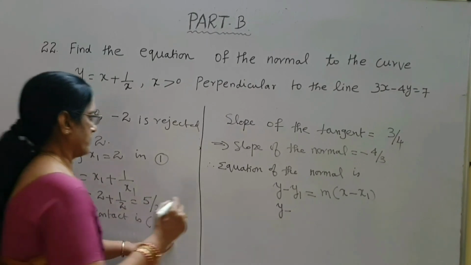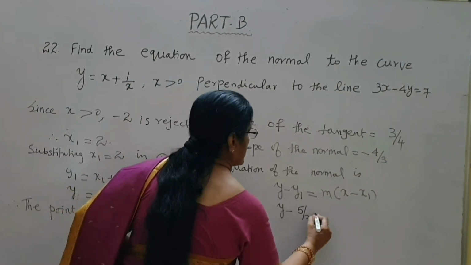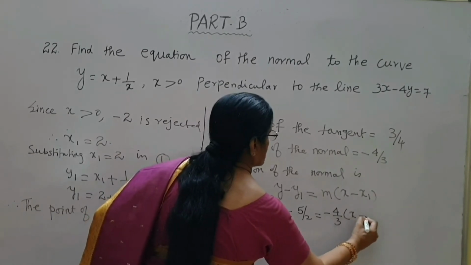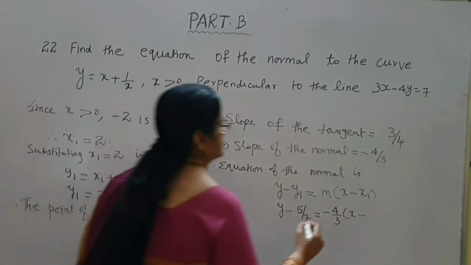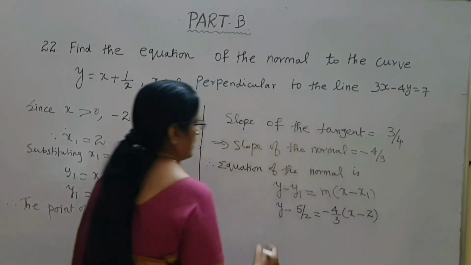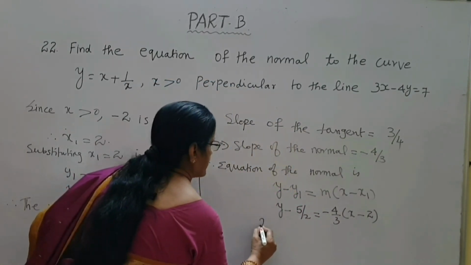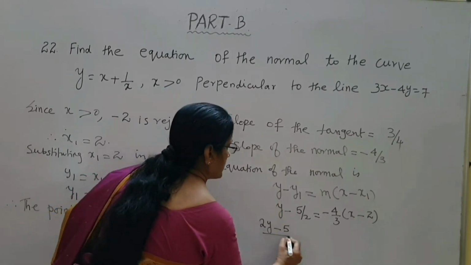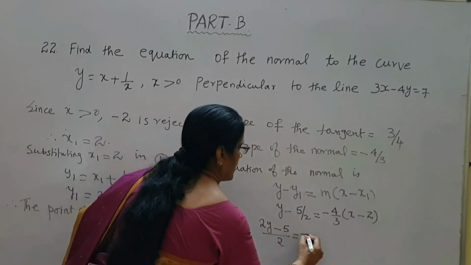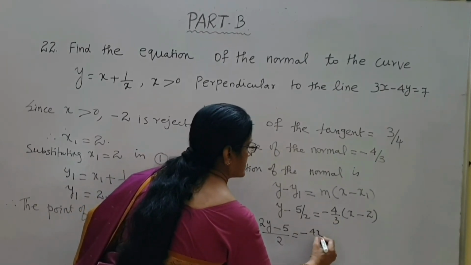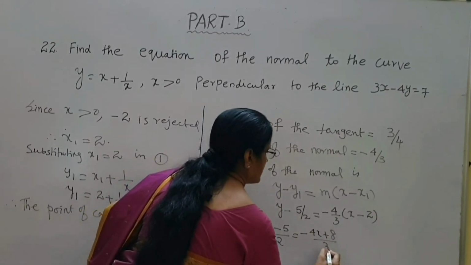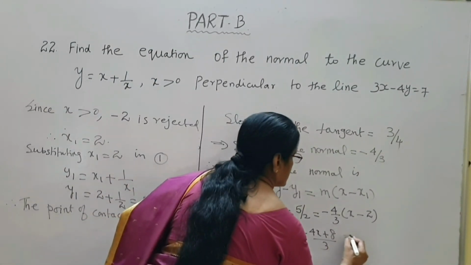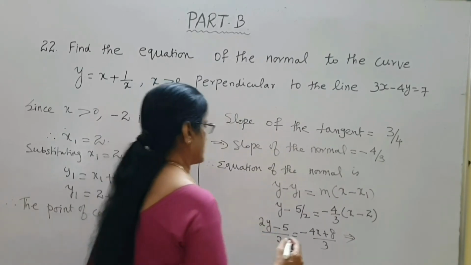So you get y minus 5 by 2 is equal to slope, which is minus 4 by 3, into x minus 2. Now simplify this, 2y minus 5 by 2 is equal to minus 4x plus 8 by 3. Cross multiply. This implies 6y minus 15.